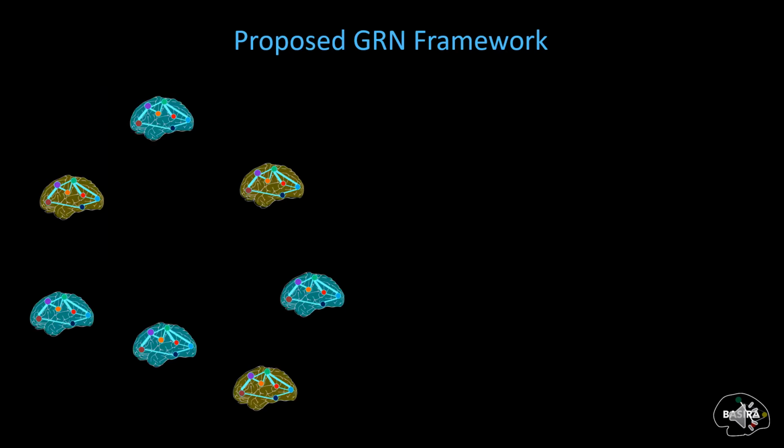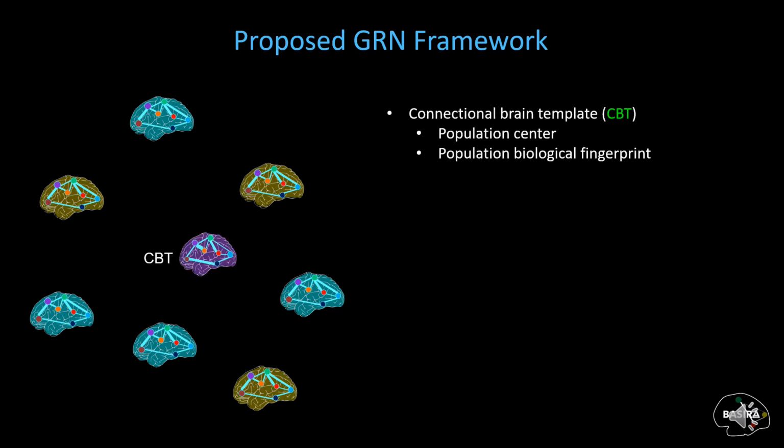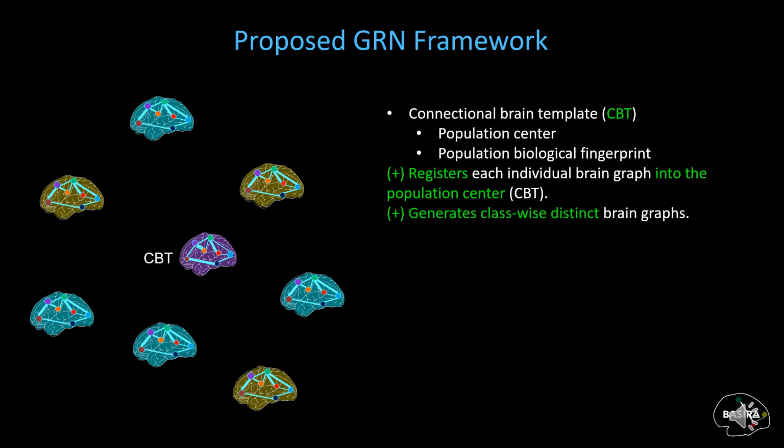Given a population of brain graphs in varying brain states, we think that if we can register each individual into a population center, namely a connectional brain template, we can obtain class-wise distinct versions of them. A population template captures the shared traits across individuals even in the presence of large variability.